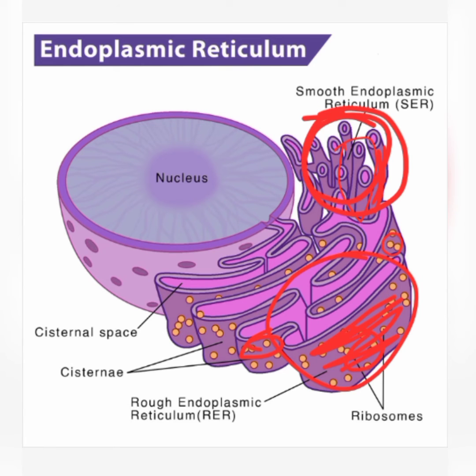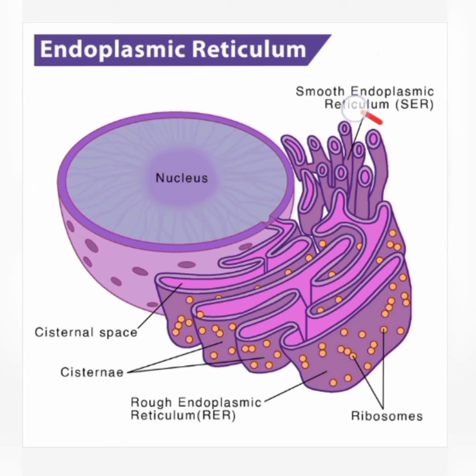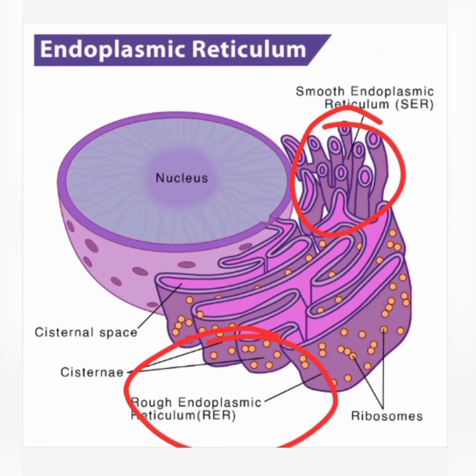On this basis, these are termed rough endoplasmic reticulum and smooth endoplasmic reticulum. Just remember the difference, because this is a really important point: SER refers to the endoplasmic reticulum which does not bear ribosomes, whereas the rough endoplasmic reticulum bears ribosomes.